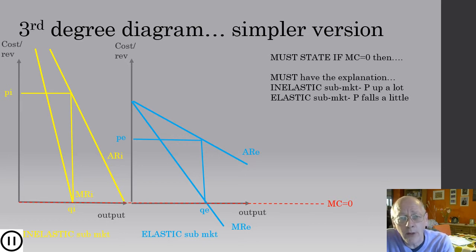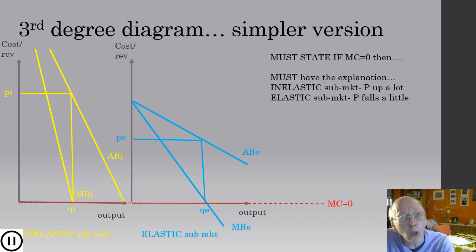So all I'm doing there is chasing that back to, again, on the inelastic submarket, I'm taking it to where the MR curve is zero, because MC equals MR. So if MC is zero, MR is zero as well. You can see that means that we're going to be charging PI in that submarket, and we're going to be charging PE in the elastic submarket.